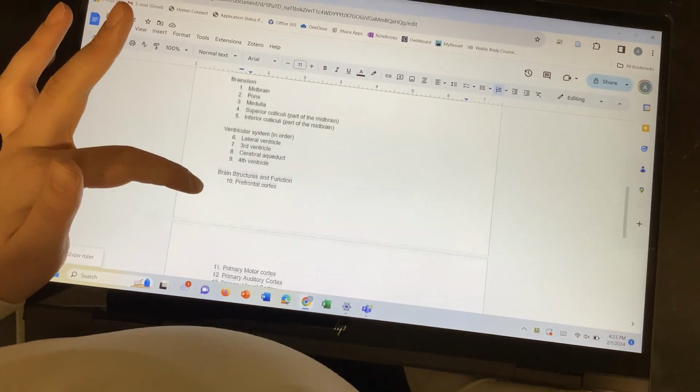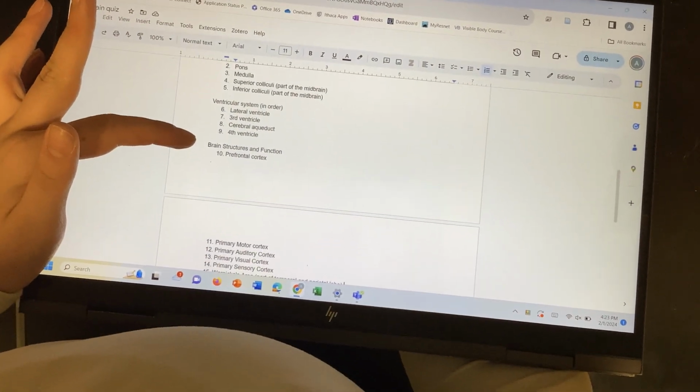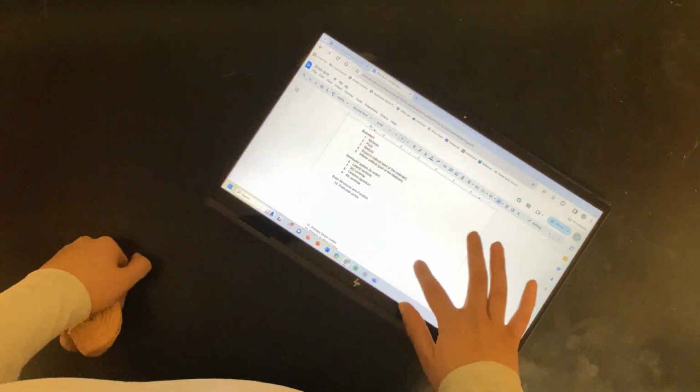And then here's the answer key. I'll have this here in case you need to see it again.